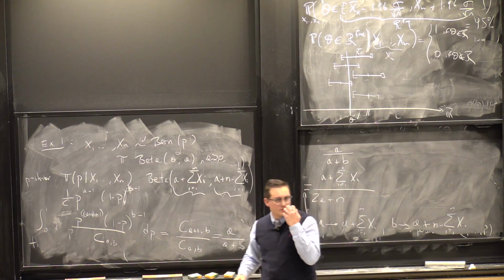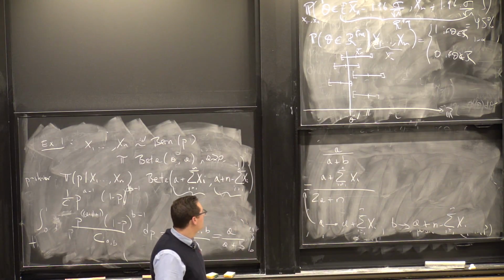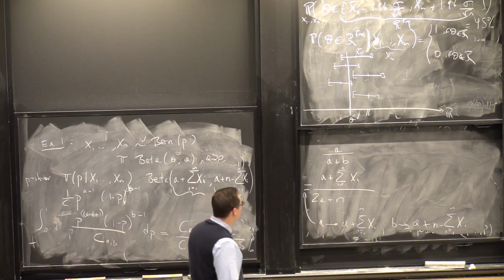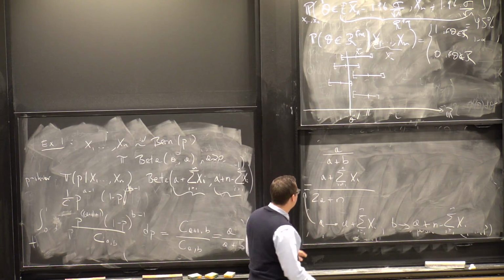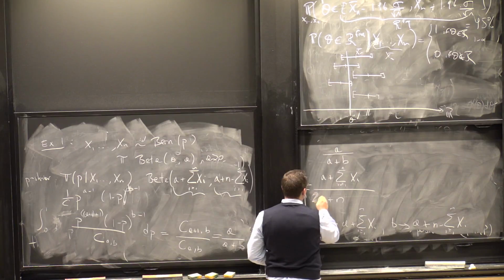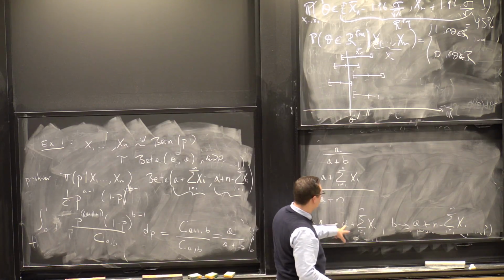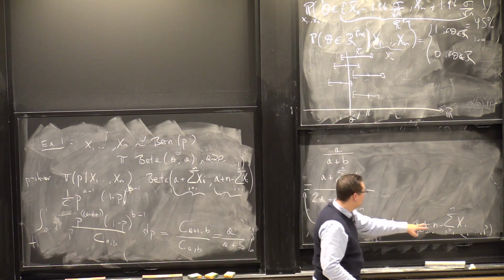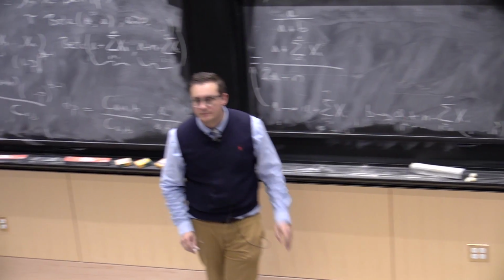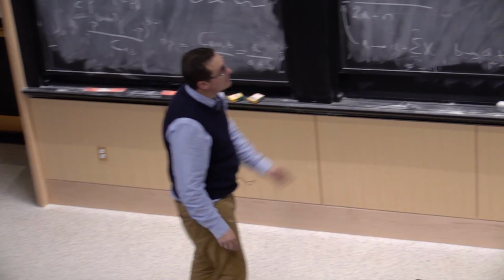Okay, so that's just for the posterior one. What's the denominator of that term? This guy? 2a, right? So I get a plus n, and then those two guys cancel. Okay, and that's what you have here.